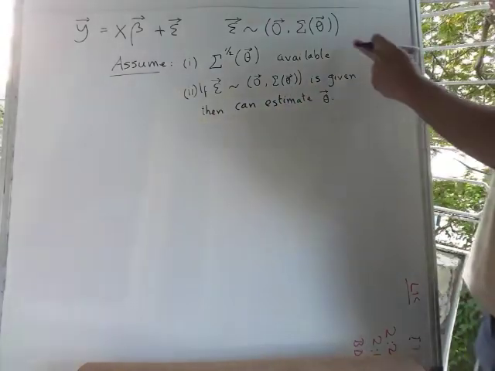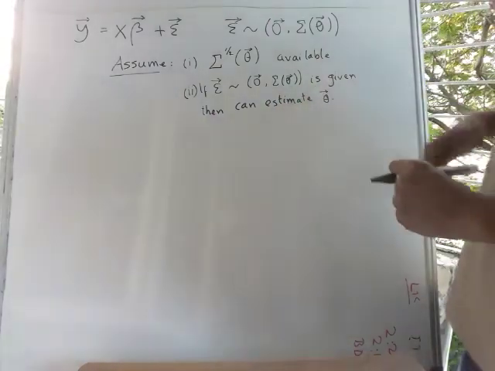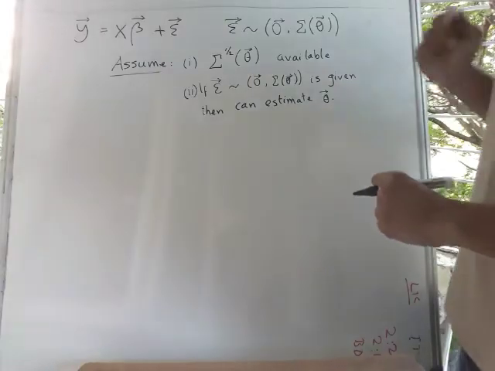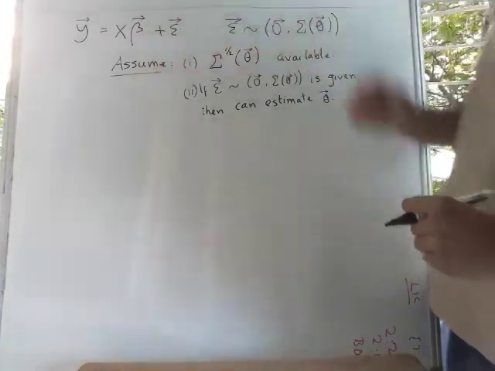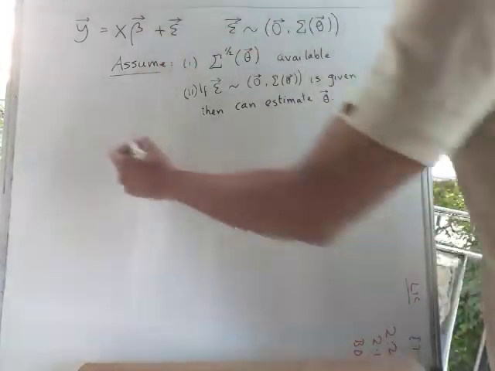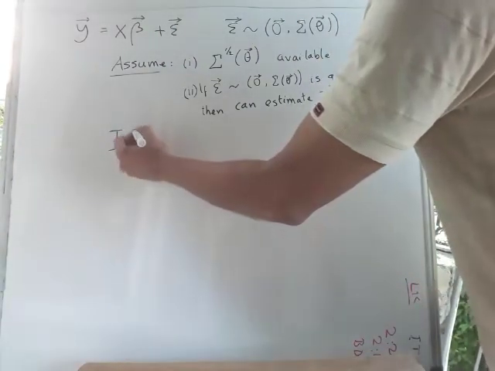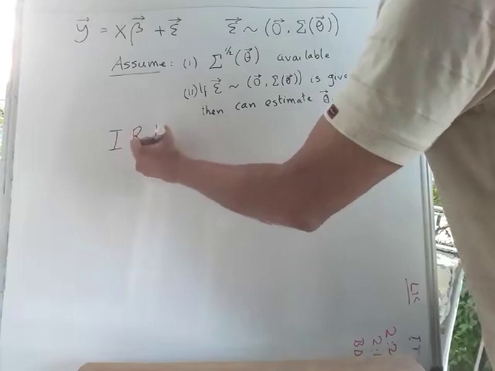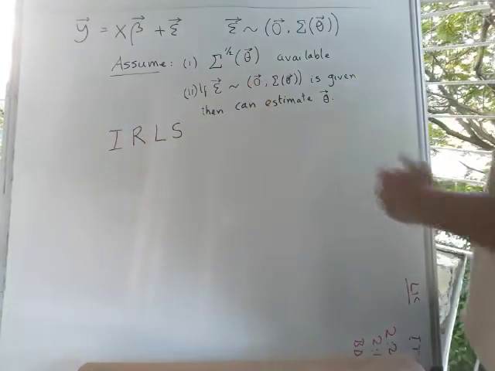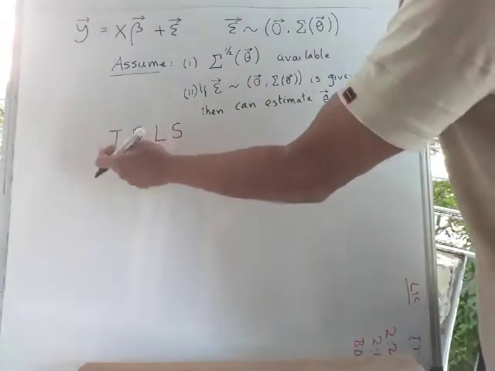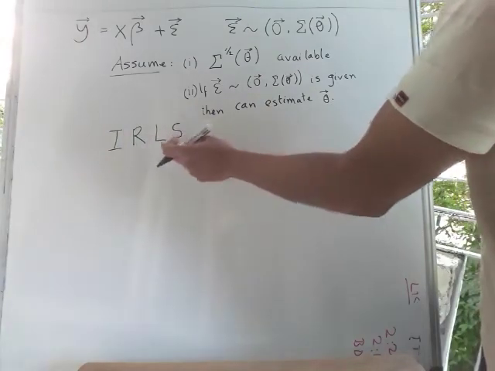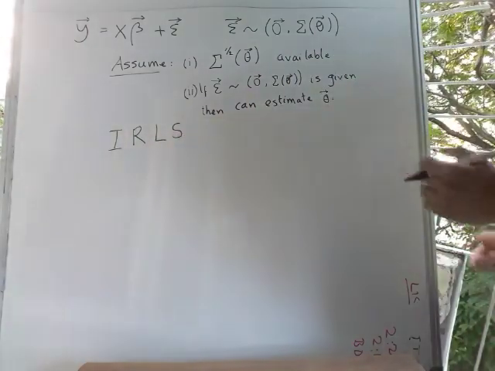So if these two assumptions are met, then there is a very simple way by which you can try to estimate this beta. And this technique that we are going to learn is called iteratively reweighted least squares. Iteratively, repeatedly, reweighted least squares. And the technique goes like this.